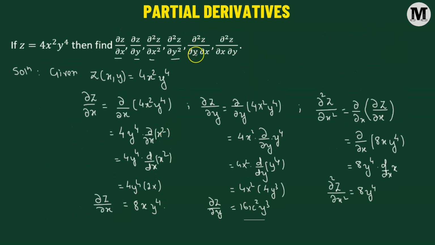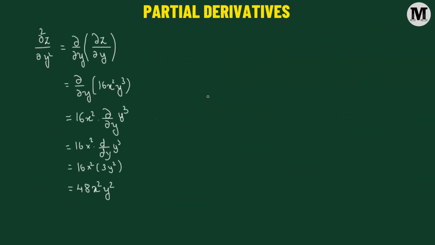This time we have to take the second partial derivative of z with respect to x followed by with respect to y. Let's first understand this. It means that first we take the partial derivative of z with respect to x.